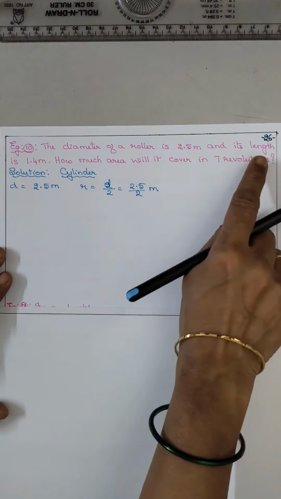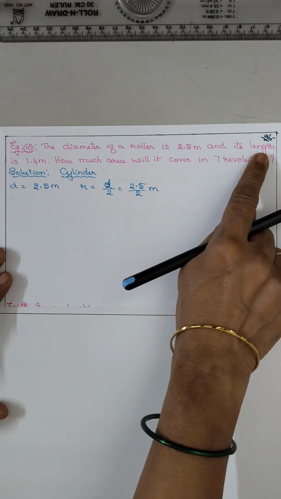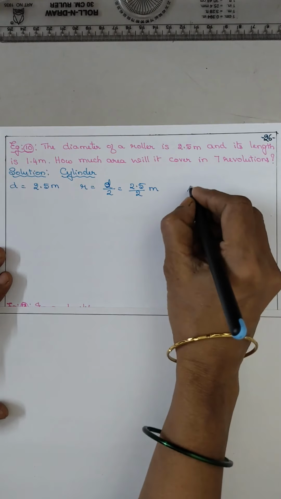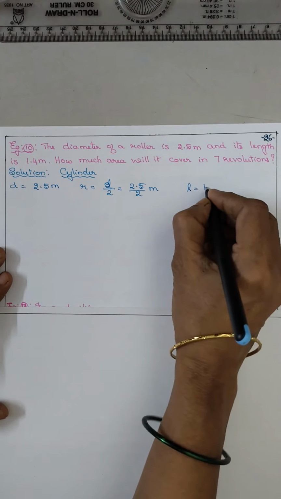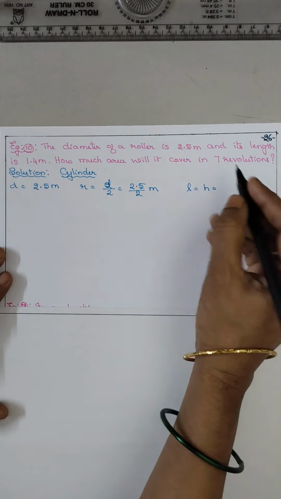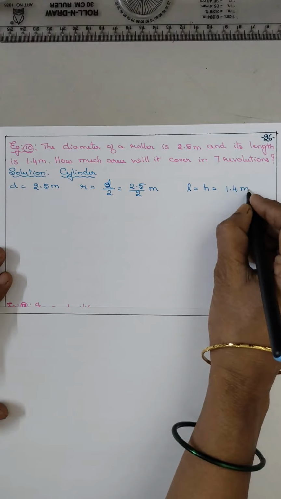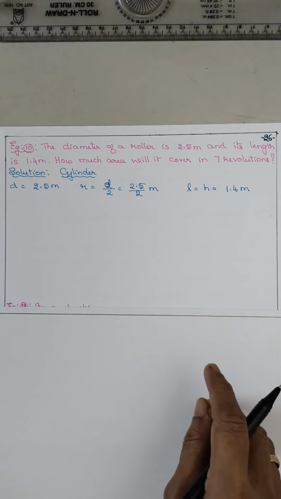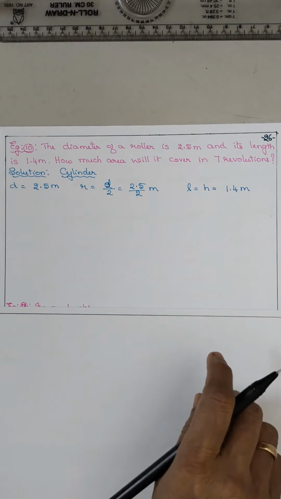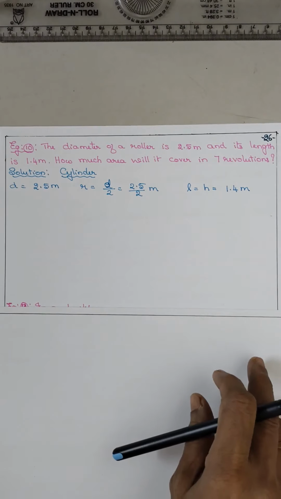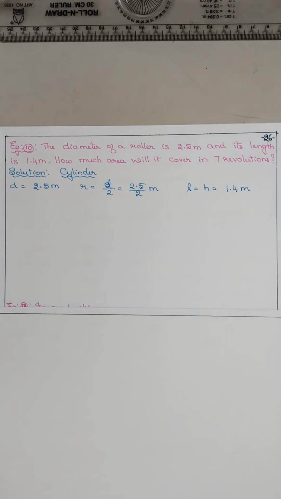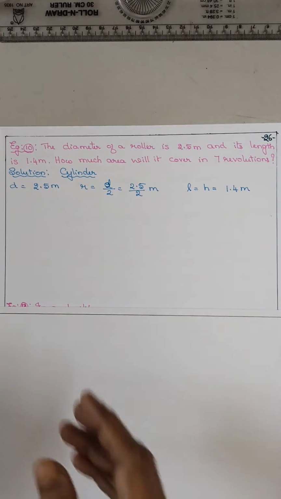Okay, now the length of the roller, that is the height, is equal to 1.4 meter. So the length of the roller is 1.4 meter. Now they have asked how much area will it cover in 7 revolutions.